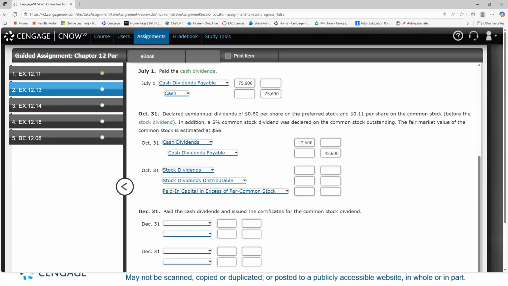So the amount of the stock dividend distributable is going to be the 750,000. We're going to credit that. Amount of the paid in capital in excess of par is going to be 90,000. And then if we add those two together, it's going to be 840,000. That's the amount of our total stock dividend.